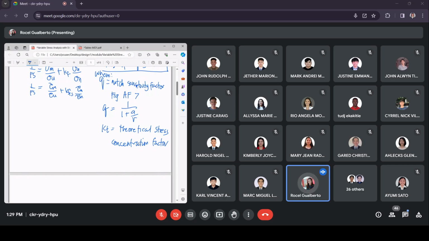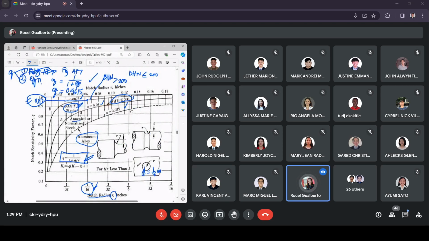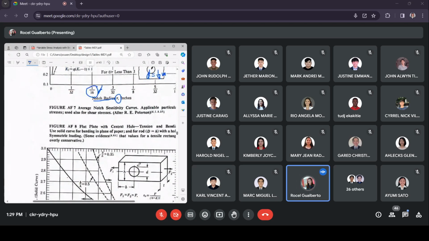KT is the theoretical stress concentration factor to be obtained from figure AF8 up to figure AF14. So look at figure AF8 up to AF14. Okay, so ito po yung AF8 and AF14.